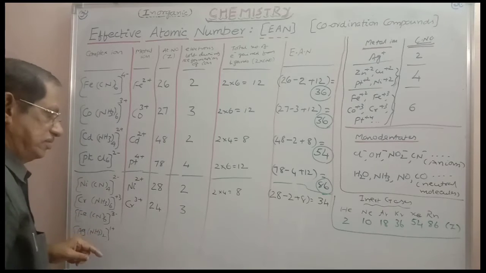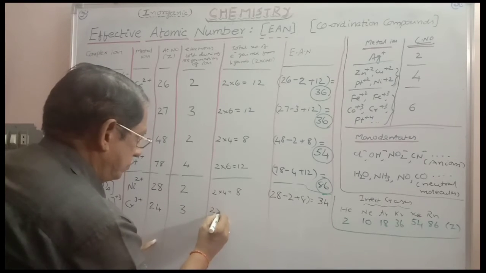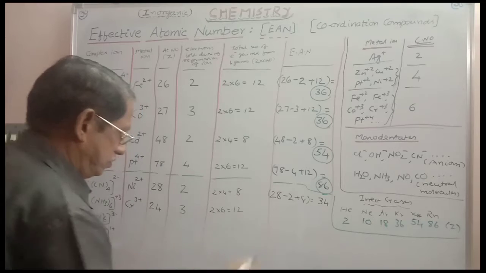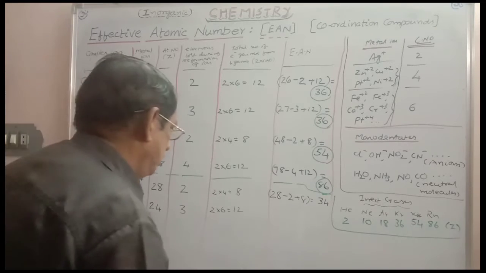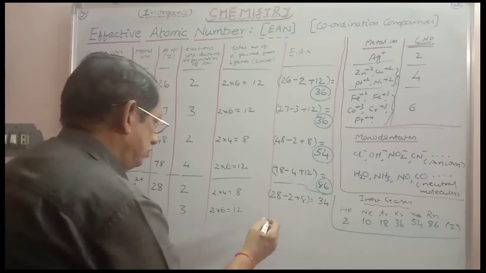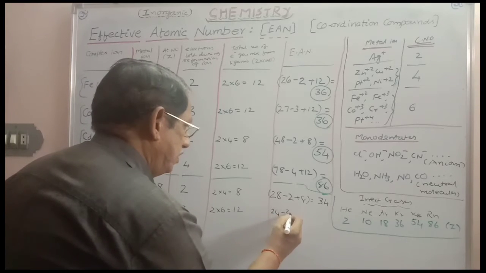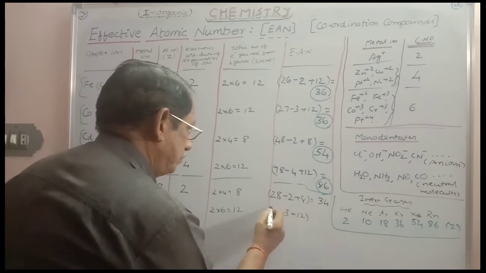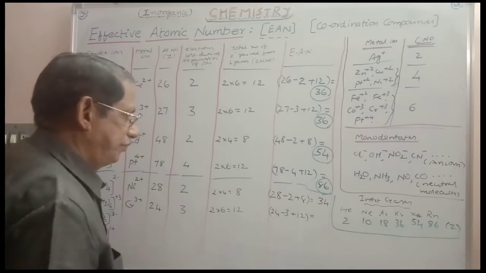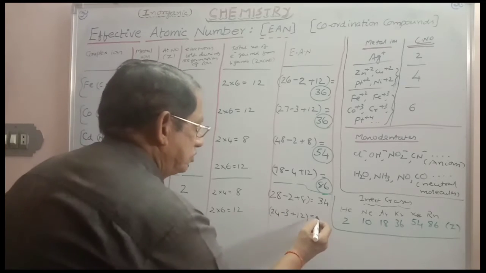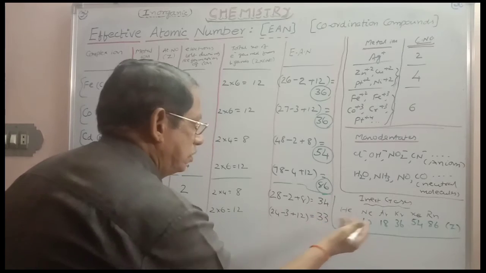What is the coordination number? 6 here. So 2 into 6 is equal to 12. Right. And so what is the effective atomic number? 24 minus 3 plus 12. How much is it? 21 plus 12, 33. Not at all.